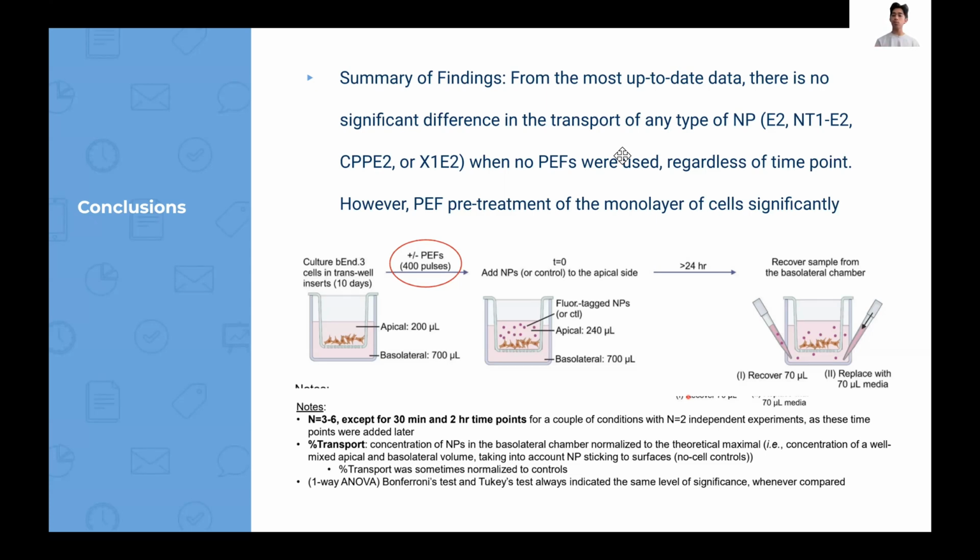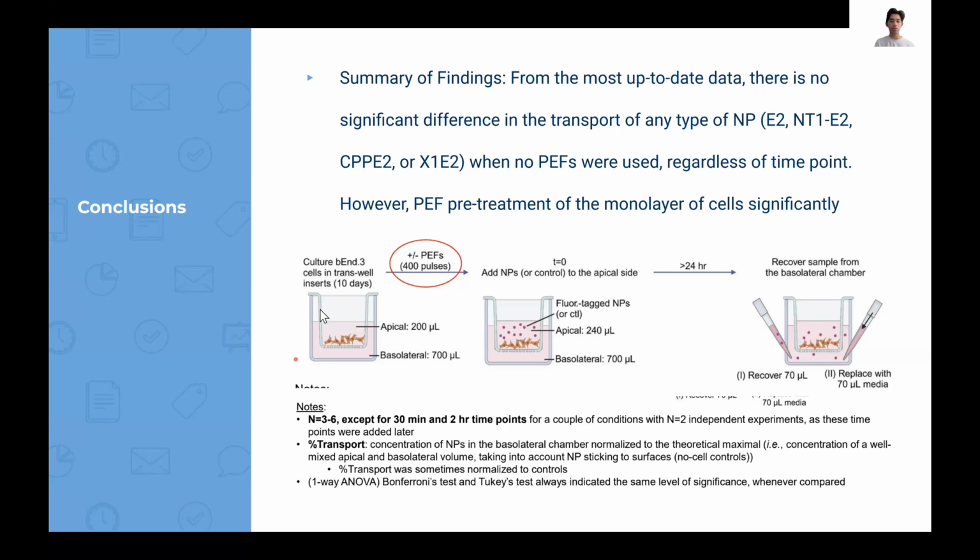However, pulse electric field pretreatment of the monolayer of cells significantly increased the transport of these nanoparticles at different time periods, an increasing amount over time, up to about 8 hours after pulse electric fields were applied. This is a diagram of what our setup looks like for the cell wells.